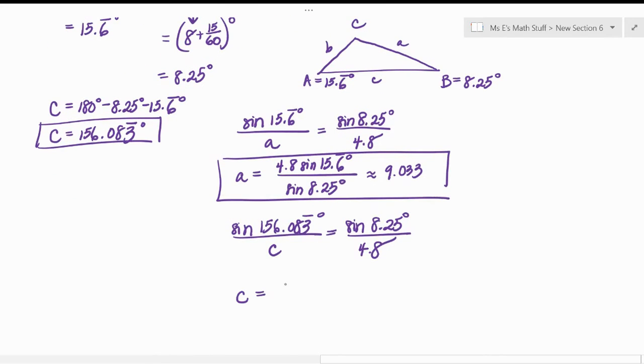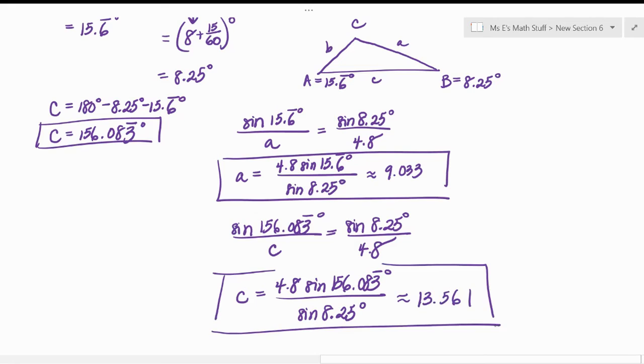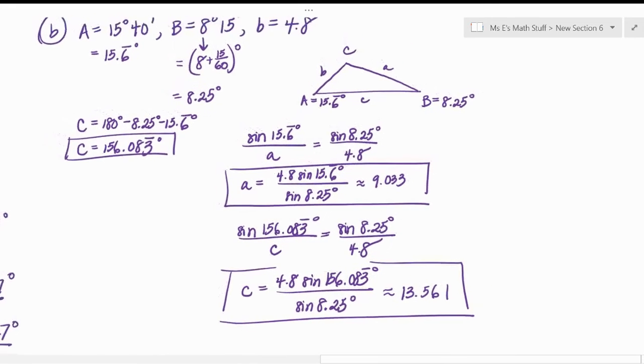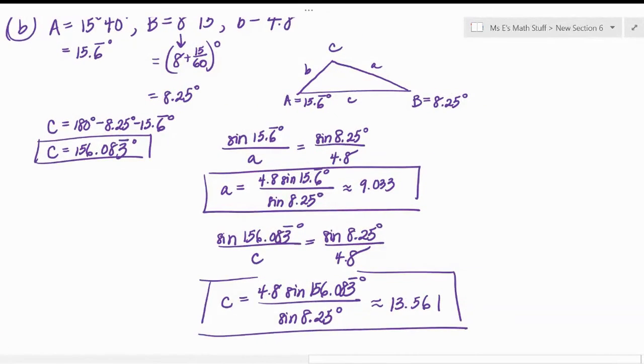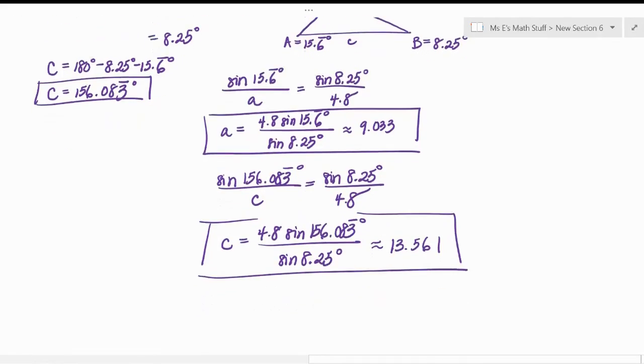Anyway, so cross multiply and divide, and then calculate it. We get approximately 13.561. There we go, it's a side length, so don't accidentally say degrees on it. And there you go, we have solved that triangle.